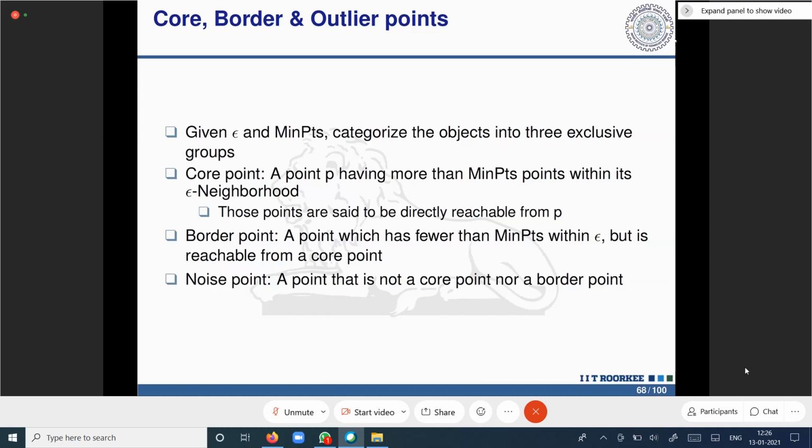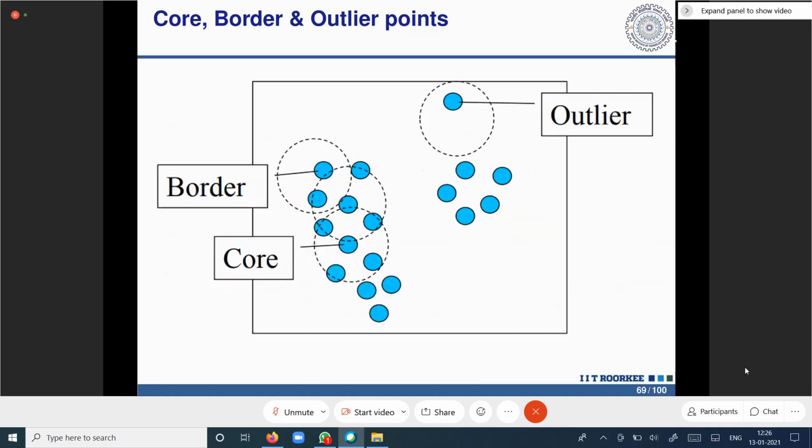So if a point P has a large number of points within its neighborhood, it is called a core point. A border point has fewer than MinPts, so it has fewer neighbors within its neighborhood, but it is reachable from a core point. It is connected to a core point, and that is called a border point. And a noise point is a point which is not a core point or a border point.